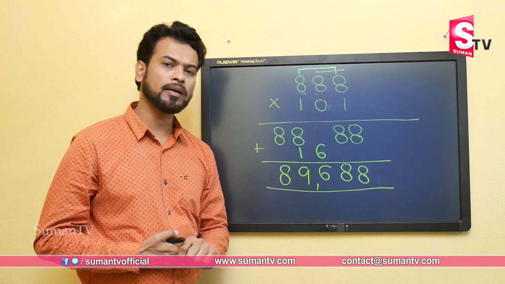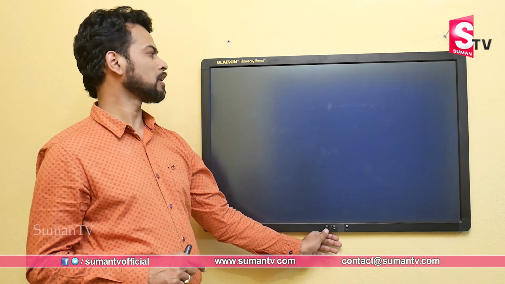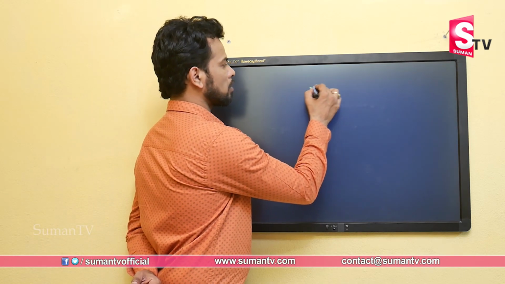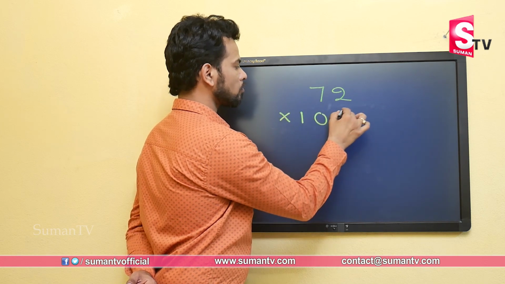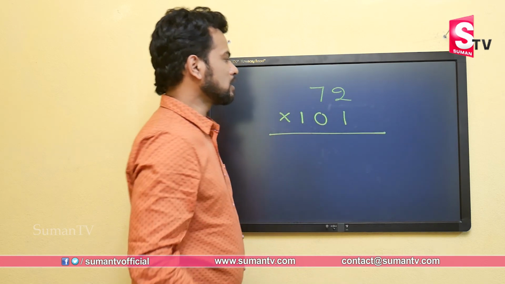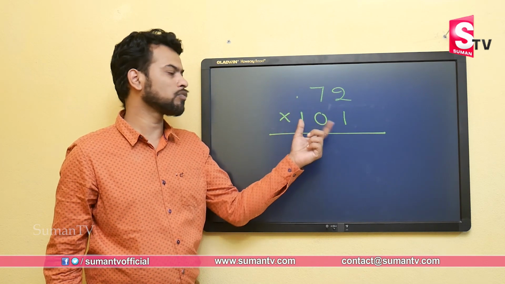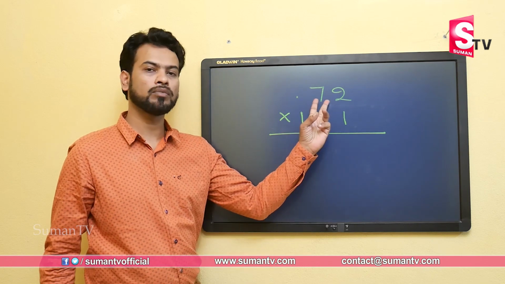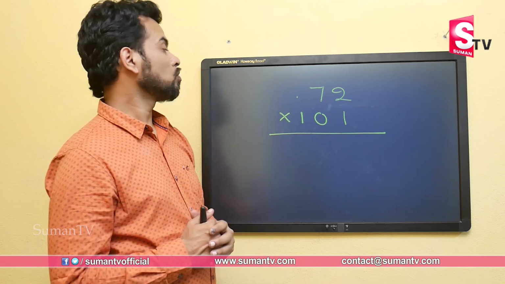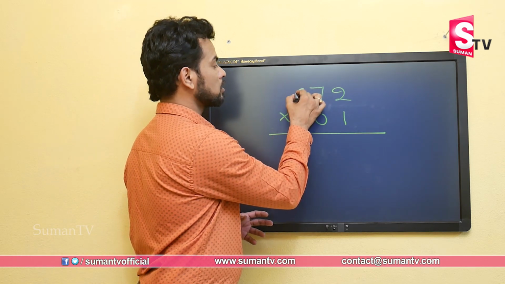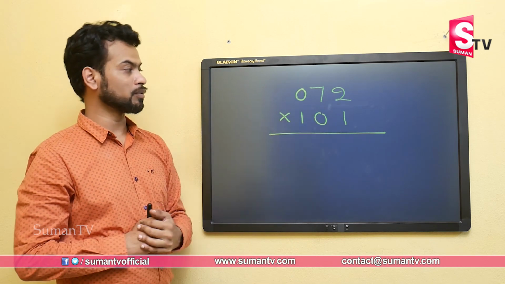You can try any double digit number to multiply with 101. I will give you one example that is very easy. Suppose we are multiplying 72 with 101. Okay. So as I told you before, that trick applies for a triple digit number multiplied by 101, but we have a double digit here. So if there is a double digit, we only need to place a 0 on the left of the digit without changing the value.